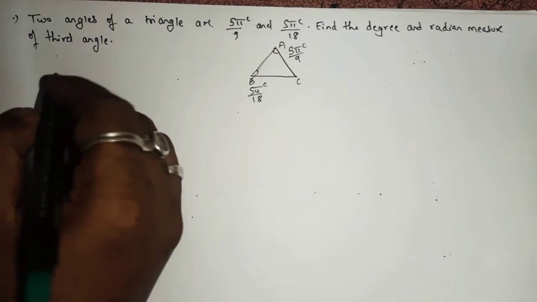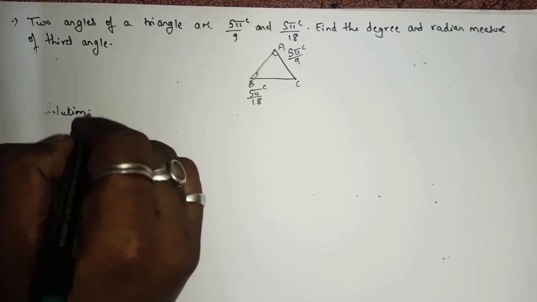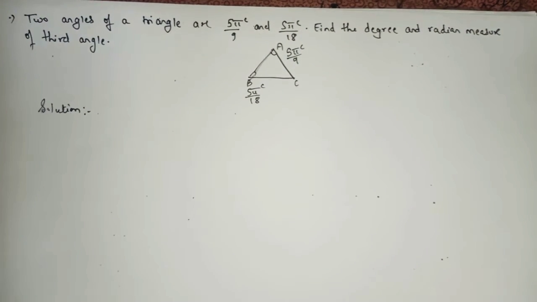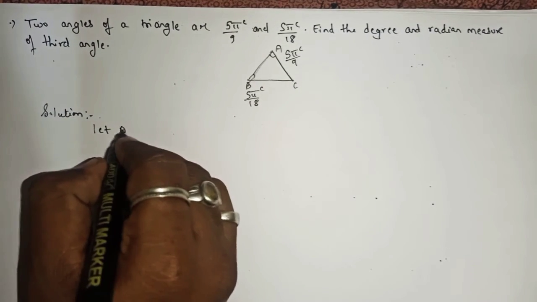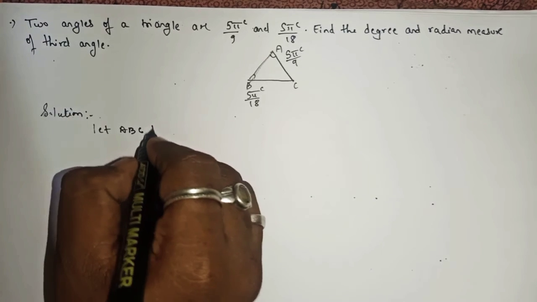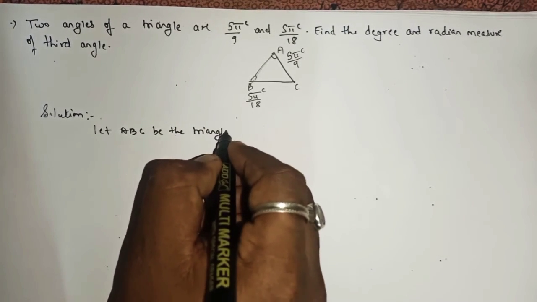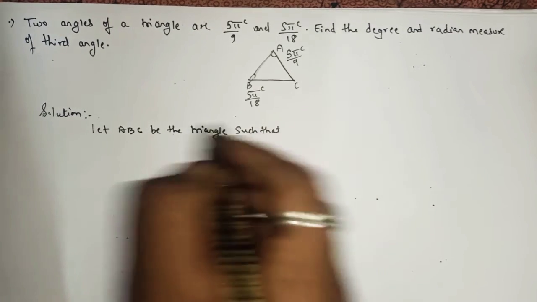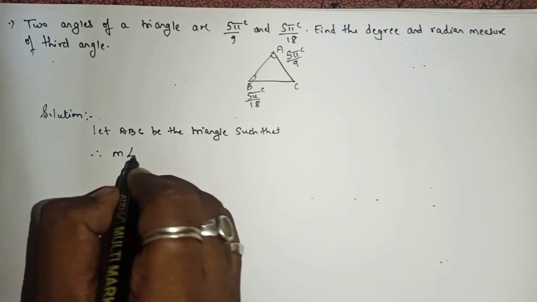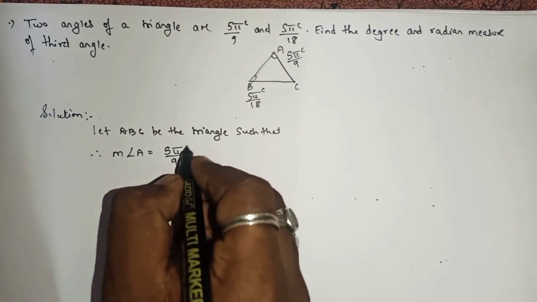First we write the solution: let ABC be the triangle in which the measure of angle A is 5 pi by 9.